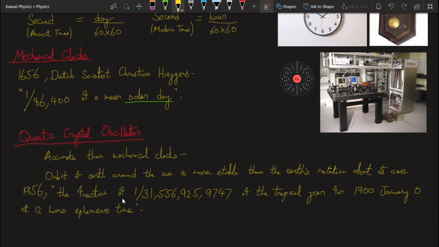So the definition of second was redefined as the fraction of 1 by 3155692599747 of the tropical year for 1900 January 0 at 12 hours ephemeris time.